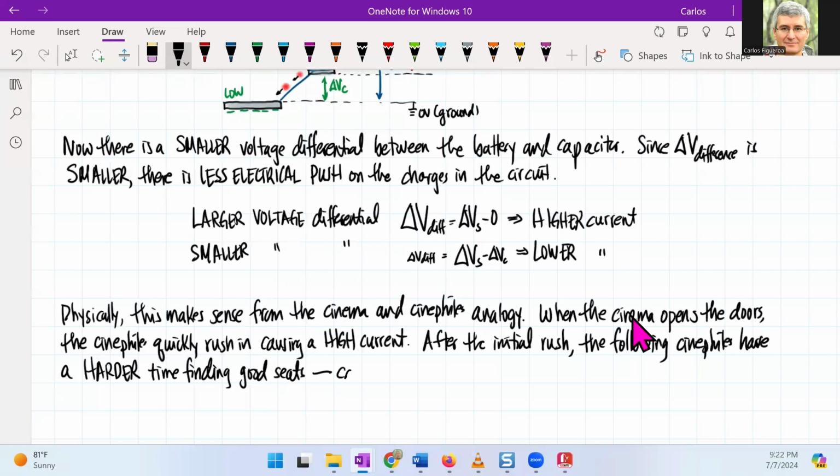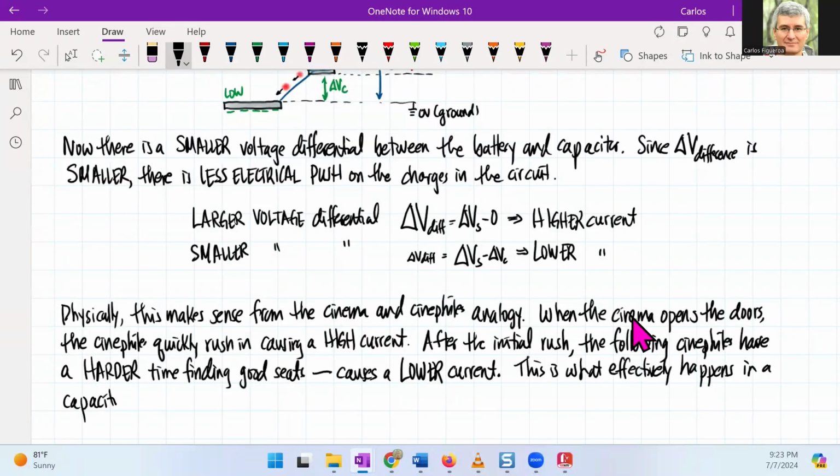Therefore, this causes a lower current. This is what effectively happens in a capacitive circuit.